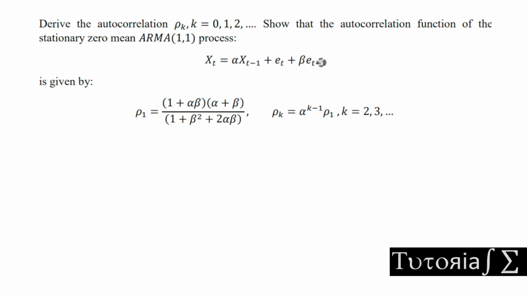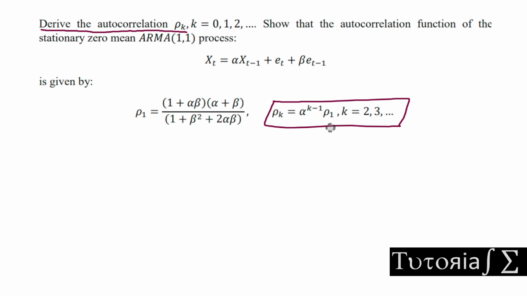This is the equation of an AR(1) process, and we are asked to show that rho is equal to this. So there are basically two questions here. The first question is to derive the autocorrelation rho k, which is basically to show this right here.